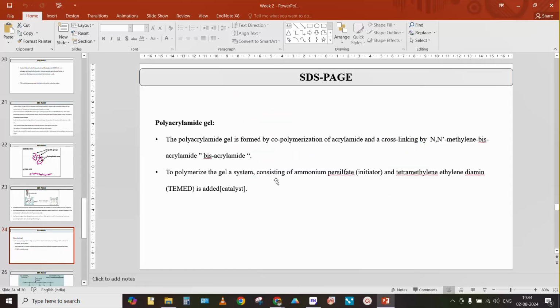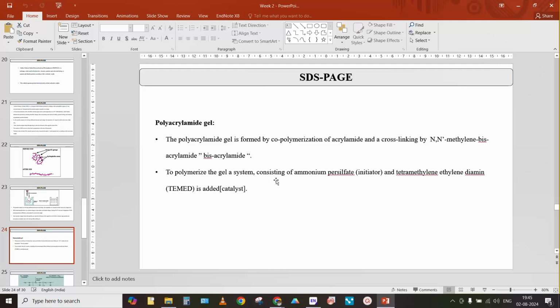The next is the PAGE, which I've already conjugated with the SDS. These are different principles and different definitions for the PAGE. So PAGE stands for polyacrylamide gel electrophoresis, which is formed by the copolymerization of acrylamide and a cross-linking agent, N,N'-methylene bisacrylamide.